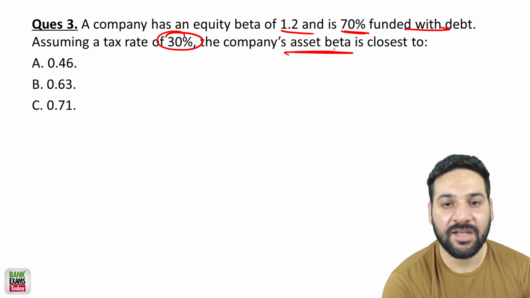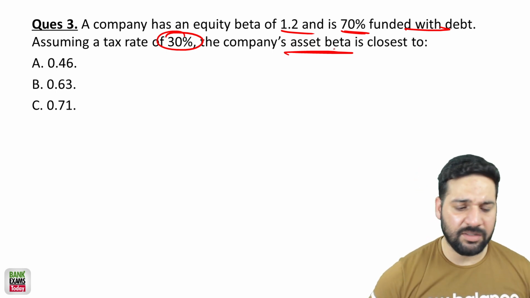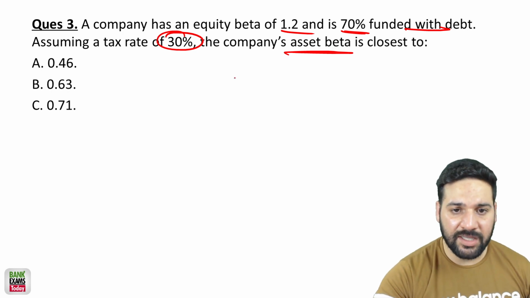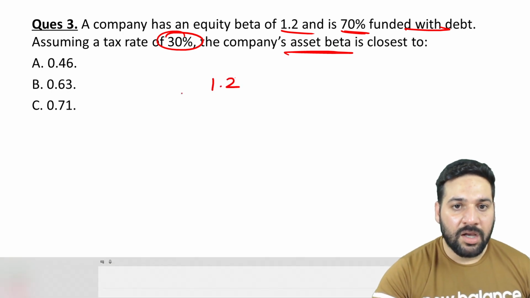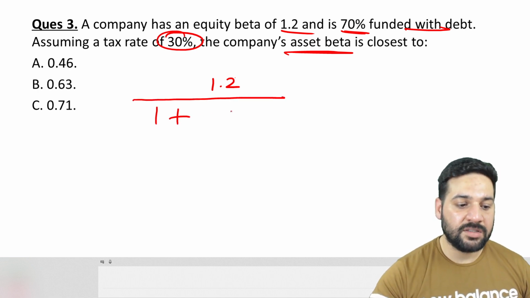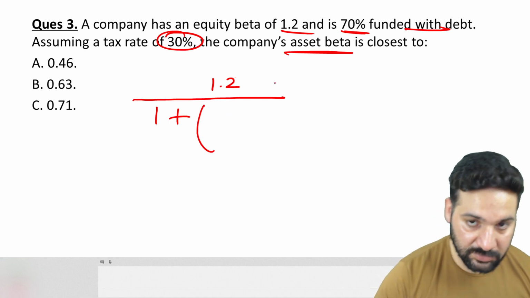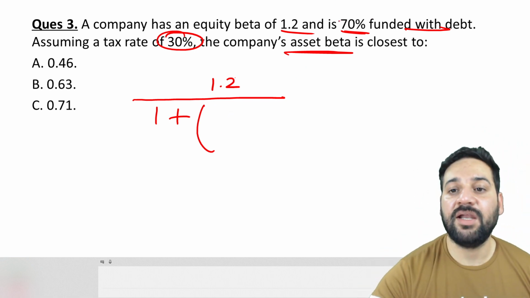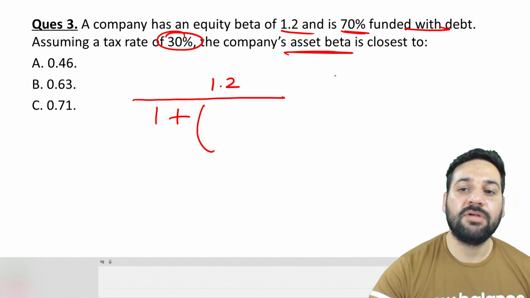It's very simple. You got the equity beta, that is 1.2. You want to calculate the asset beta, divided by 1 plus whatever is given. 70% is funded with debt. That is not the debt equity ratio.